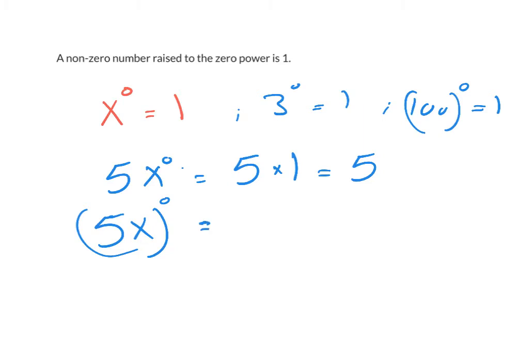In this case, the answer is 1, because we treat everything inside the parentheses as a non-zero number raised to the 0 power. So everything in the parentheses will be raised to the 0 power, and the answer is going to be 1.